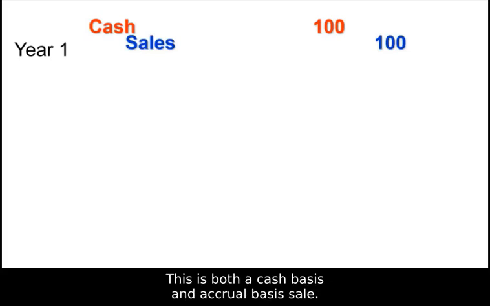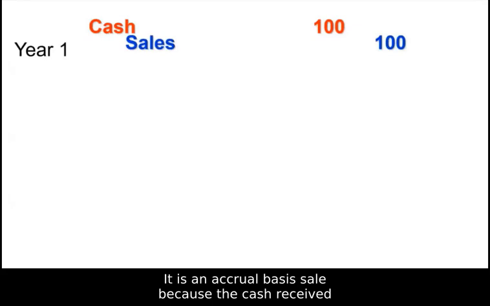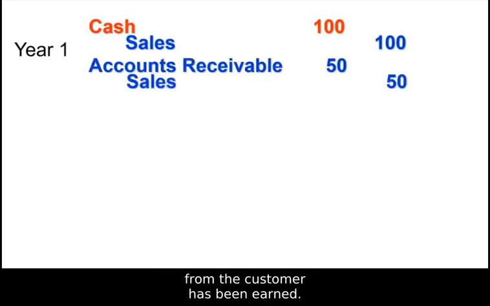This is both a cash basis and accrual basis sale. It is a cash basis sale because cash is being received. It is an accrual basis sale because the cash received from the customer has been earned. We also had a credit sale for $50.